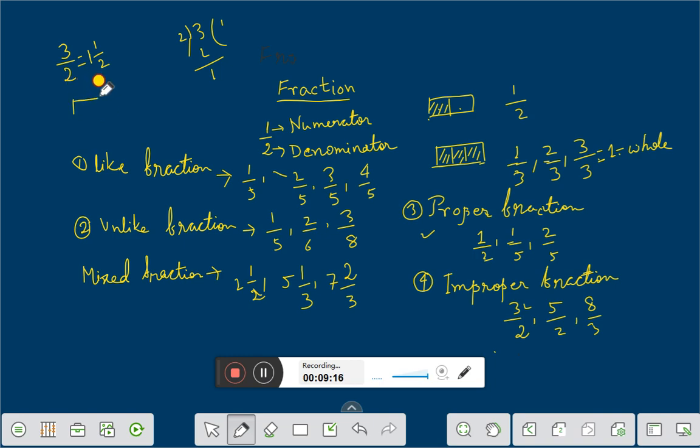Suppose this is a whole and this one is half of that. This one I have taken half. This one is whole and this one is half, 1 by 2.